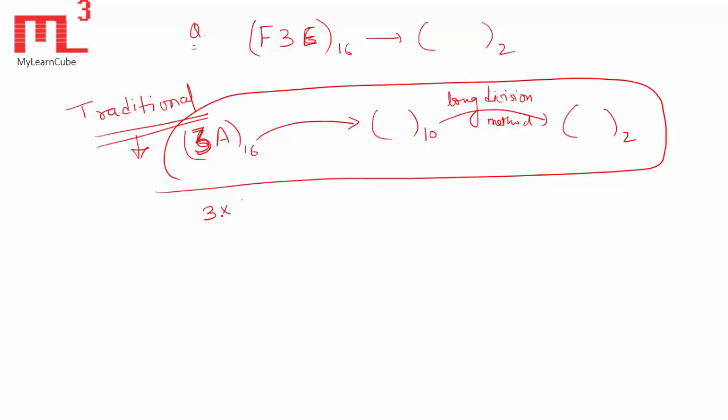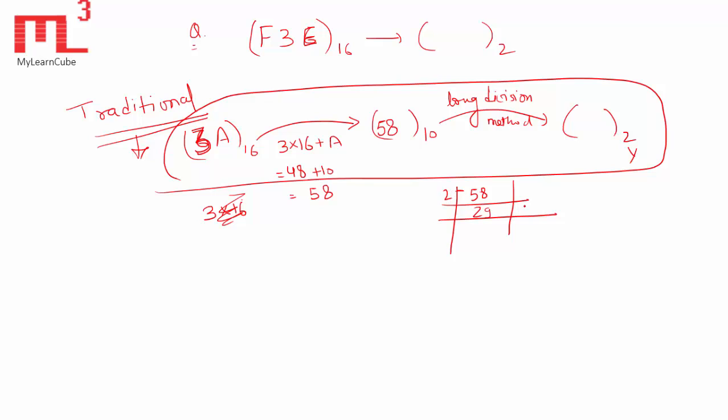Converting 3A: 3 into 16 plus A, that means 48 plus 10, which is equivalent to 58. This is the first conversion. Now the long division method: we divide 58 by 2. If you have any base here, suppose y, you will replace this 2 by y.